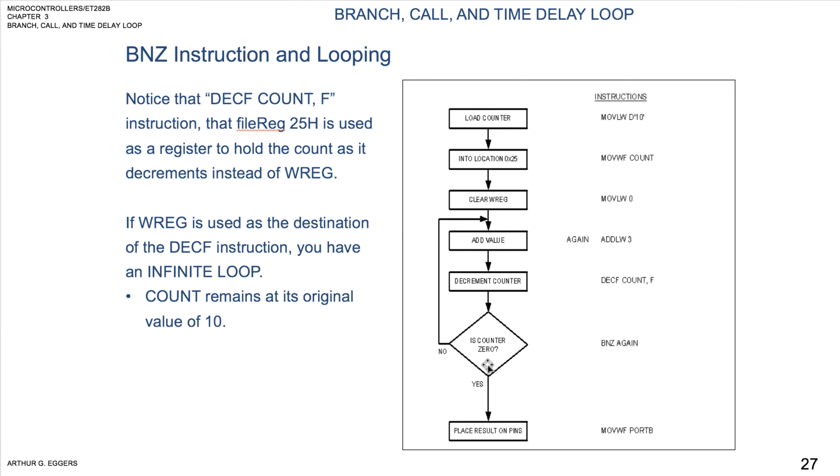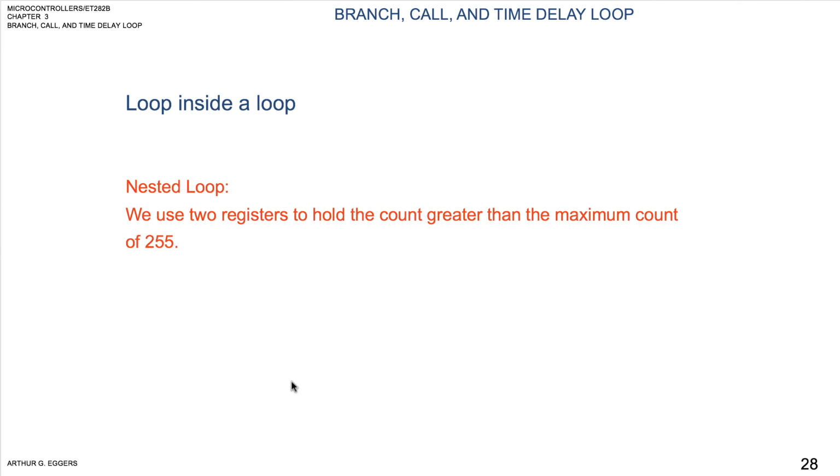It keeps looking to see if the counter is 0. If the working register is used as the destination of the DECF instruction, again, as we said before, we would have an infinite loop. The count remains at its original value, so it would never decrement, and this would not serve the purpose that we're looking for in this little program.